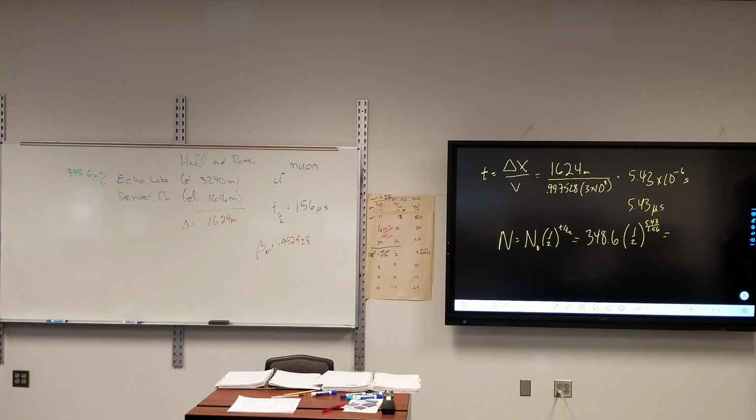And we end up with 31.225, or roughly somewhere around 31 muons. So if relativity does not have any bearing whatsoever, we should have only 31 muons hitting Denver per hour.